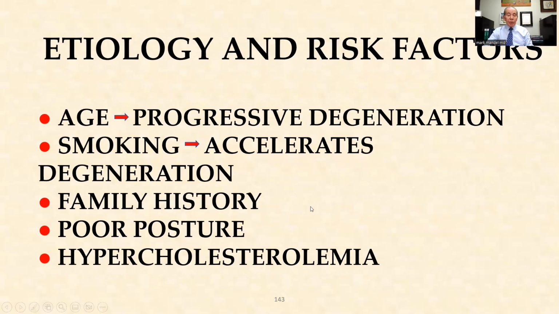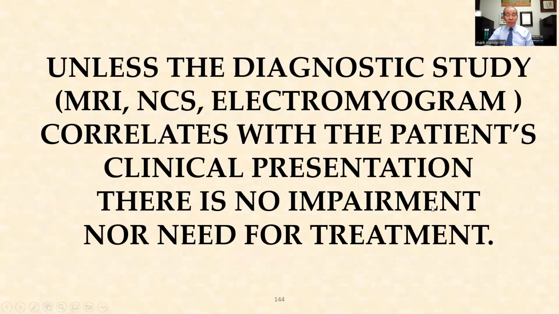So the risk factors in determining whether this is work-related and what should be done are: what is the patient's age? Are they smokers? That accelerates degenerative changes. Is there a family history? Some families, everyone has rotator cuff tears. Poor posture has been associated with it. And for some reason, people with significantly elevated lipid levels.